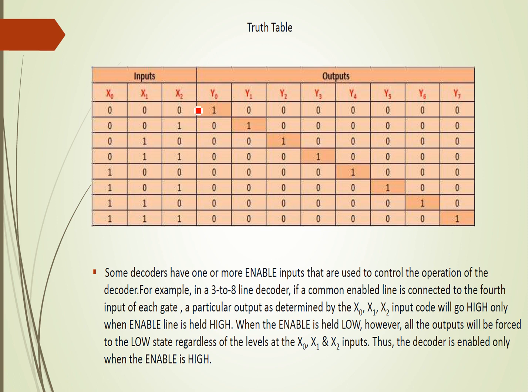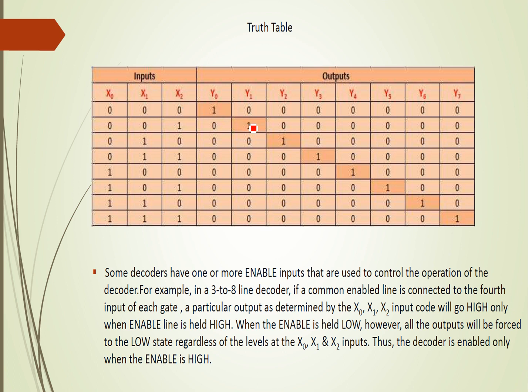So here 8 different outputs. So I have to write the 8 different output expressions. So how do you write the y0 expression? So here y0 is 1. Consider the input combinations. So y0 equal to x0 bar, x1 bar, x2 bar.